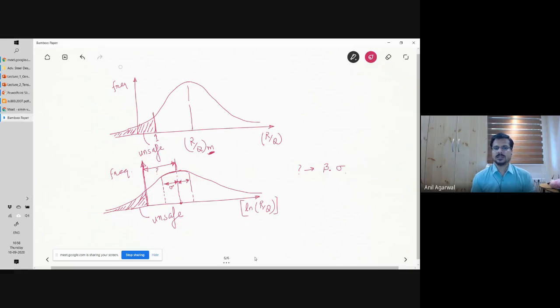Okay, so basically all I have to make sure is that, what is this value? This value is ln R by Q mean or median.